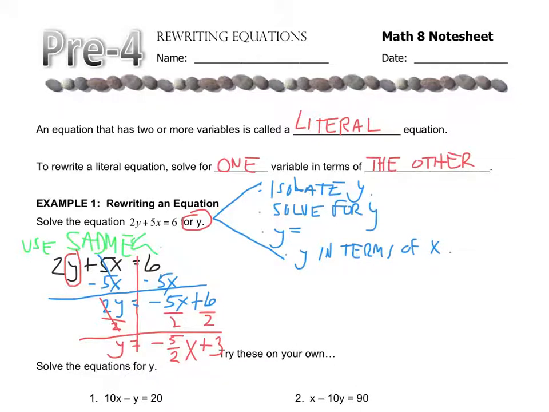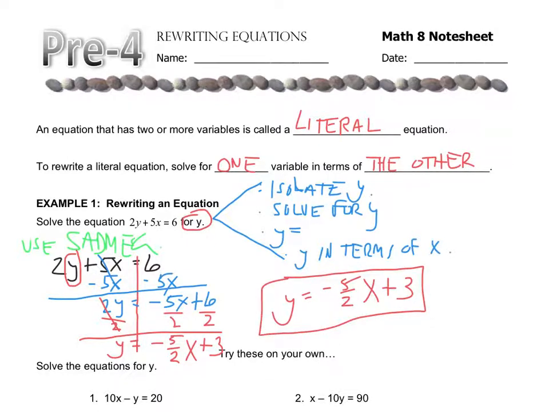I can't combine these two things here. They're not like terms. So my final answer is y equals negative 5 over 2 x plus 3. Make sure your x is nice and big so it doesn't look like it belongs to the 2 or the 5. It's just times x. And then I add 3. This is the same equation, just rewritten as solving for y.